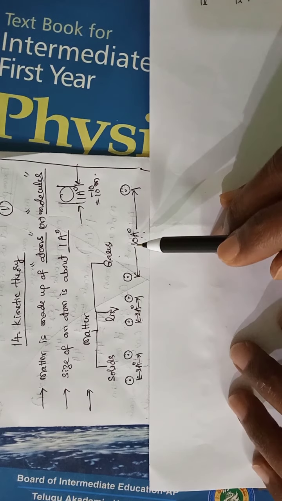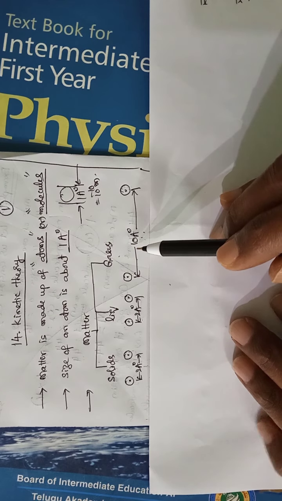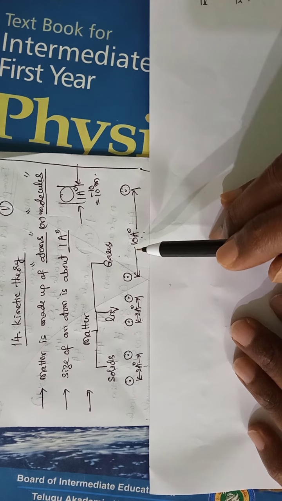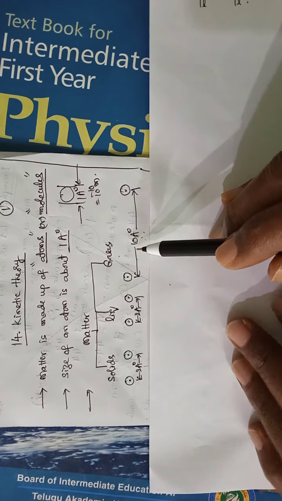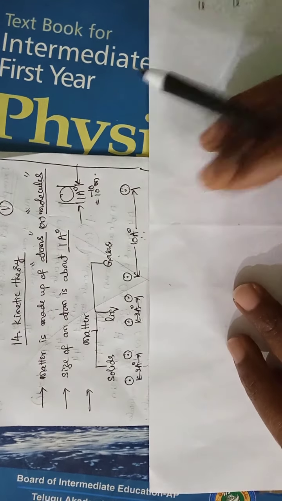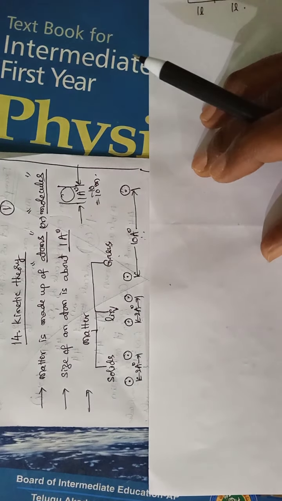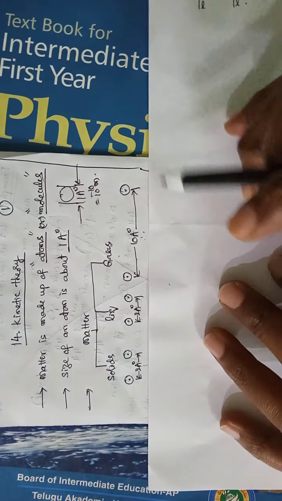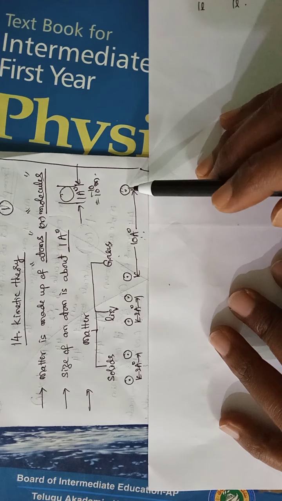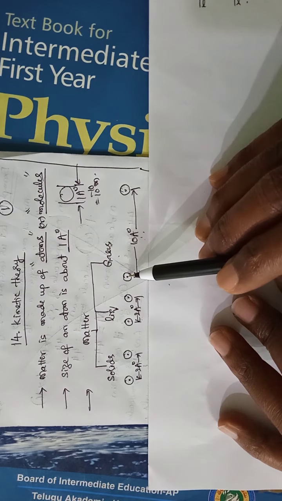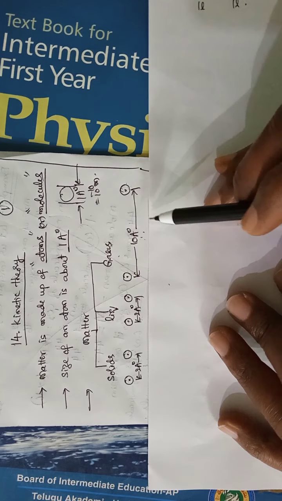But when you go to the gas, there is no limitation on its volume. It occupies as much volume as available by the process of diffusion. Since the molecules are far away from each other, the force of attraction between the molecules is negligibly small.